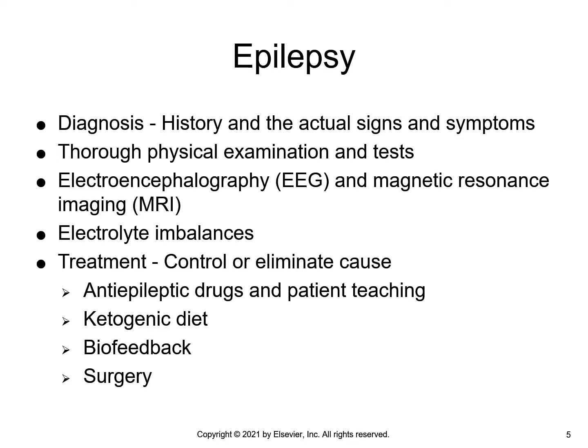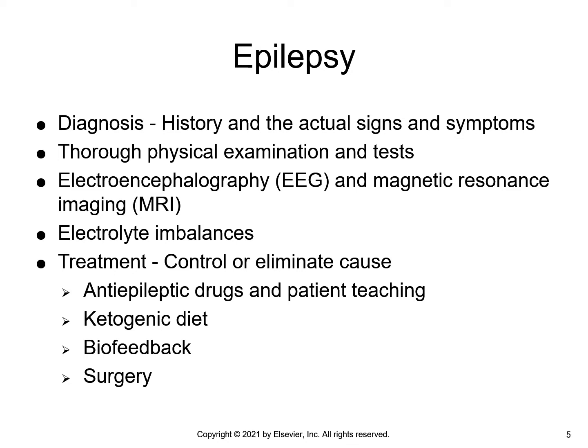A ketogenic diet is beneficial in younger individuals with refractory generalized seizures that are difficult to control. The ketogenic diet provides sufficient calories from fats and proteins, but produces a ketotic or acidotic state that seems to prevent seizure activity.